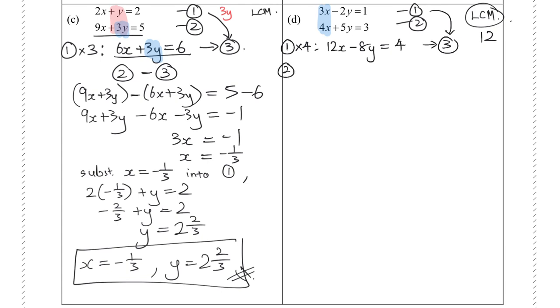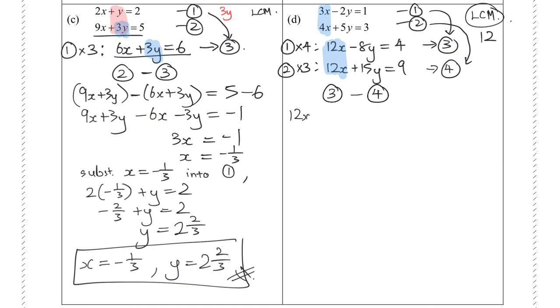Next, I'll take equation 2 and I'll multiply it by 3. So I'll get 12x plus 15y, and 3 times 3 is 9. And I'll get equation 4. So there you can see now I have a same coefficient of x. And now I can take equation 3 and I subtract away equation 4.